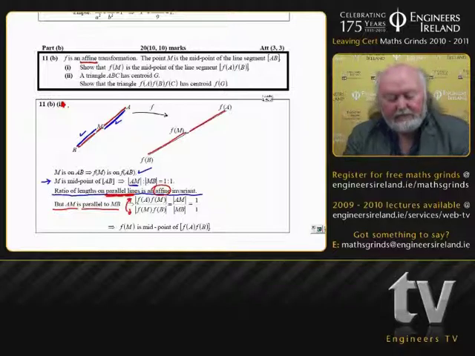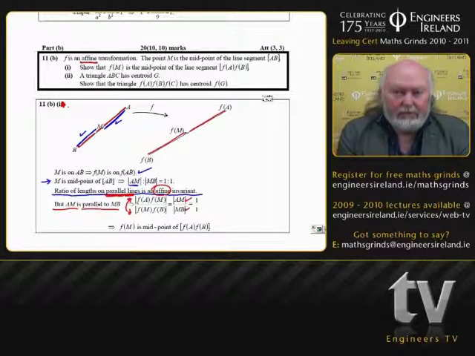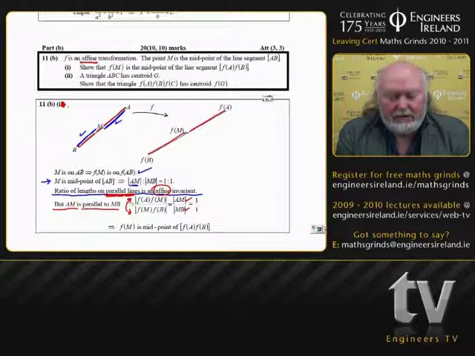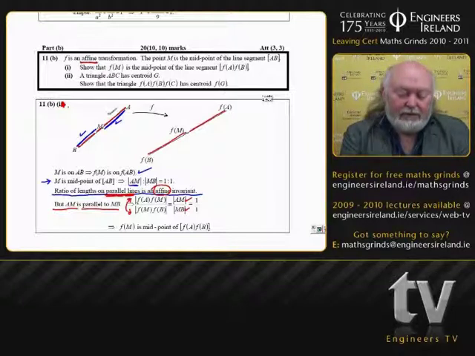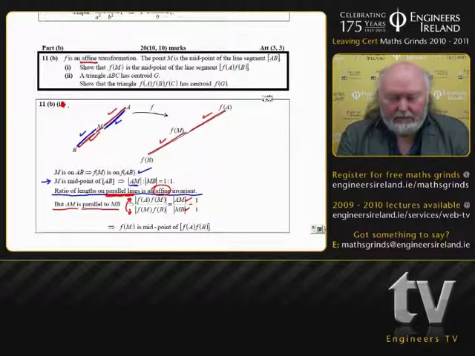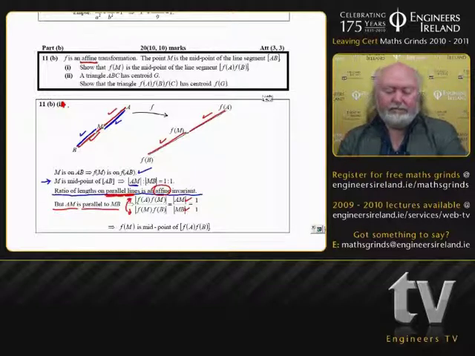What we're saying is that must be the same as this factor. Why? Because the ratio of lengths of parallel lines is preserved. It does not vary. The ratio of this to this must be the same as this to this, because it's an affine invariant rule.